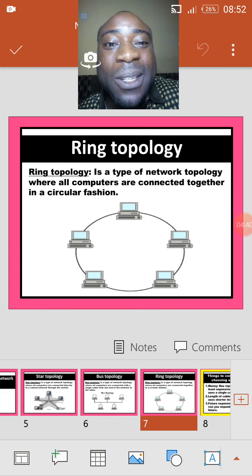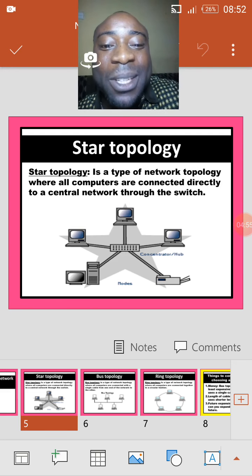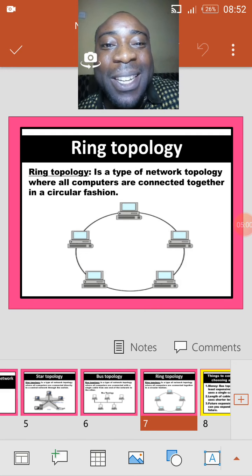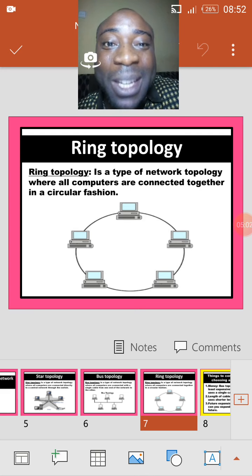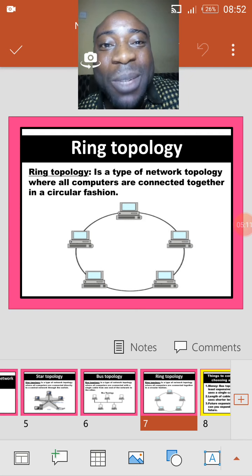Ring topology is a type of network topology where all computers are connected together in a circular way. As you can see, their names look like what they look like in the picture: star topology, bus topology, ring topology. I believe you can see that. And when you see them in the lab, in a cyber cafe, or in offices, you will be able to say this is the type of arrangement they use.